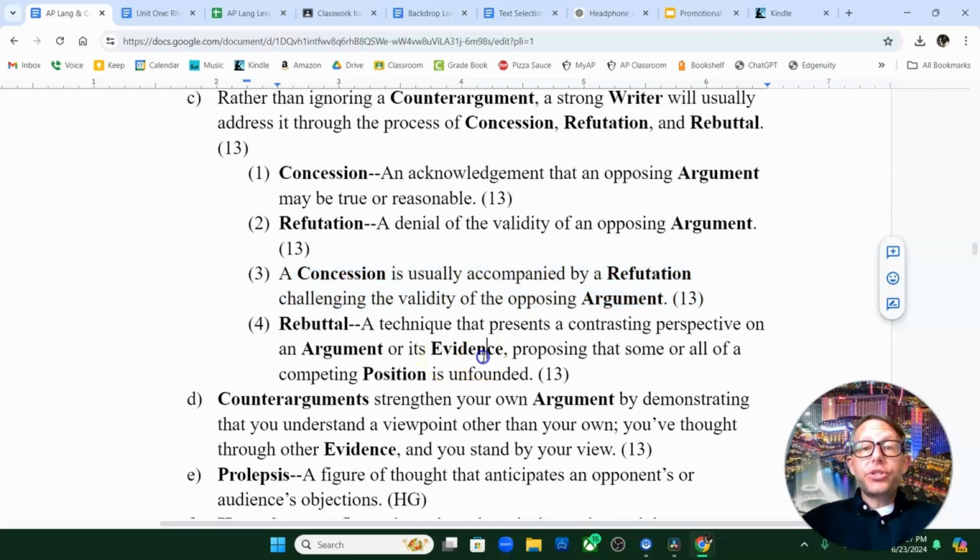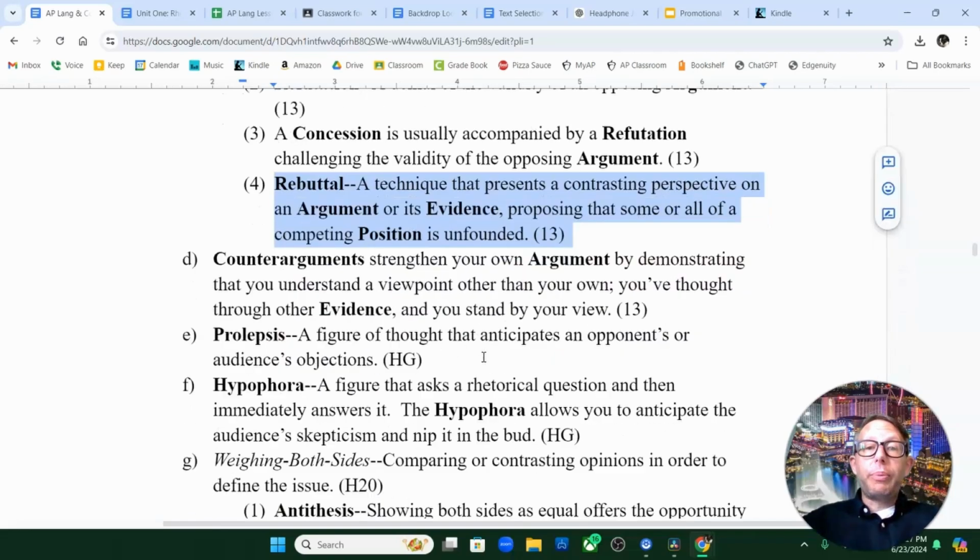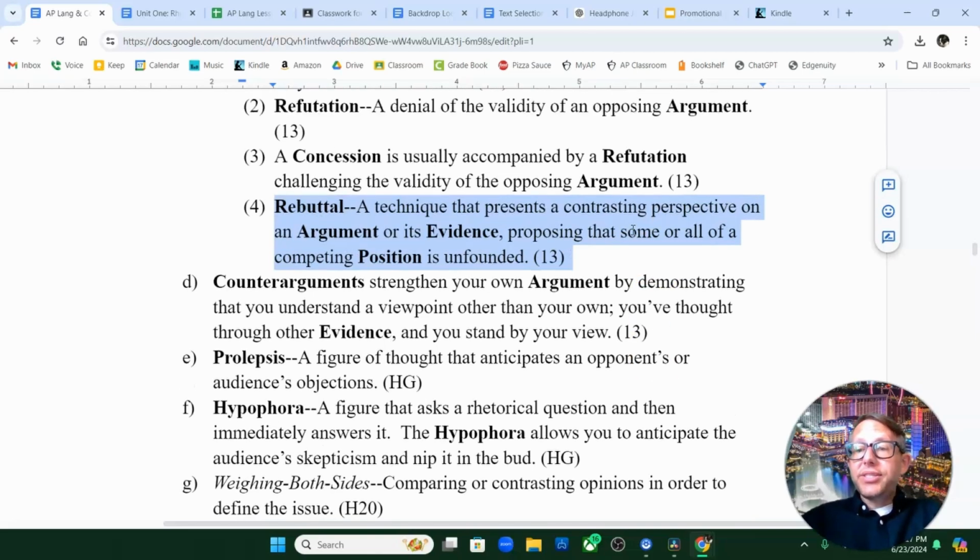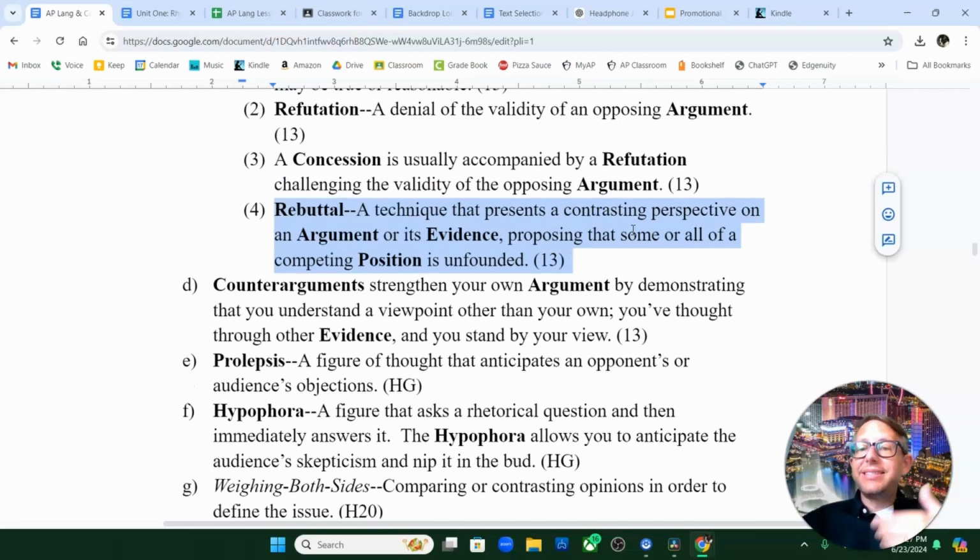And then, of course, the third and final one would be a rebuttal. This is a technique that presents a contrasting perspective on an argument or its evidence, proposing that some or all of a competing position is unfounded. So, to some degree, a refutation and a rebuttal are very similar or the same thing.